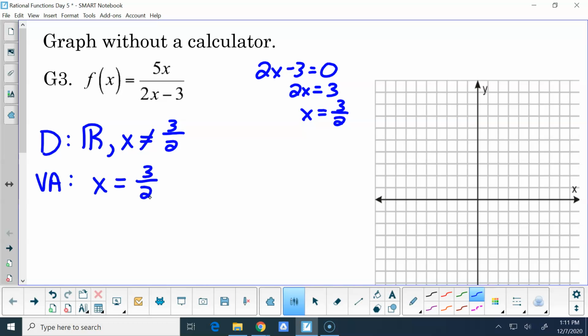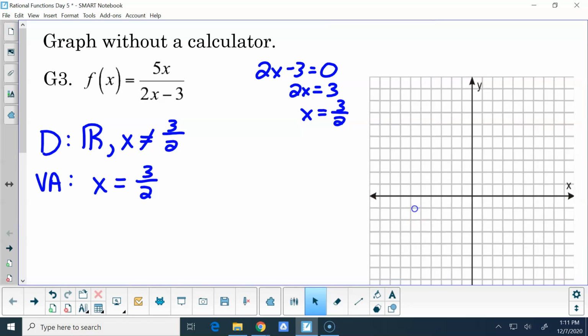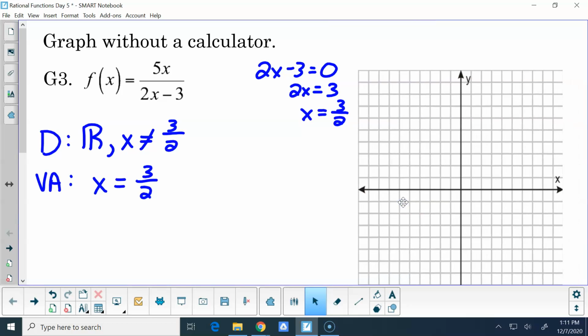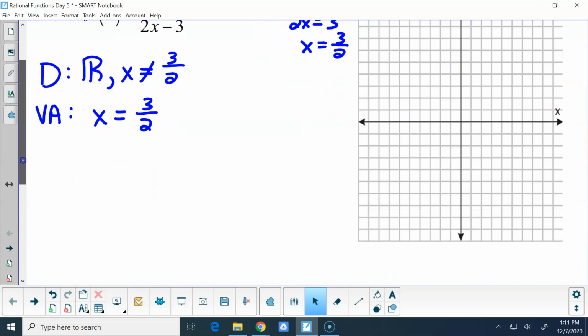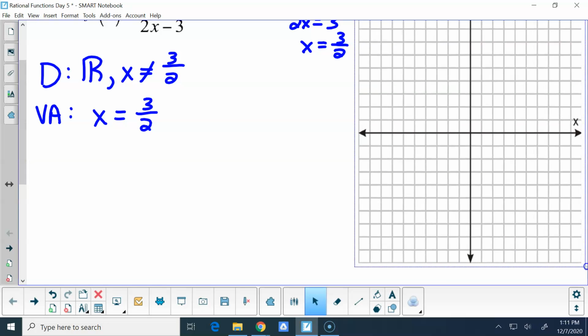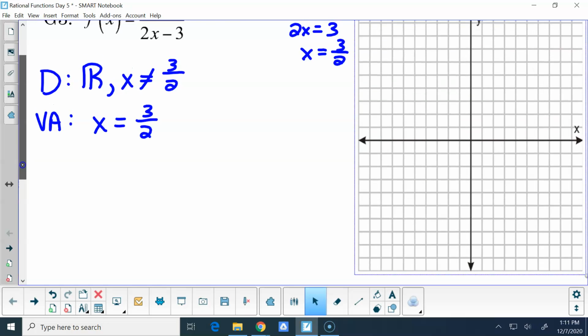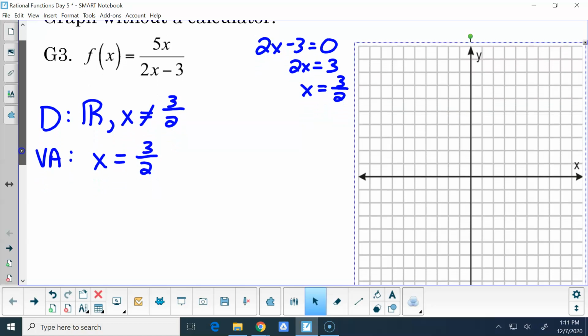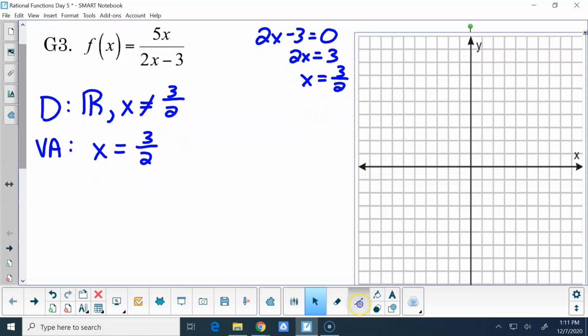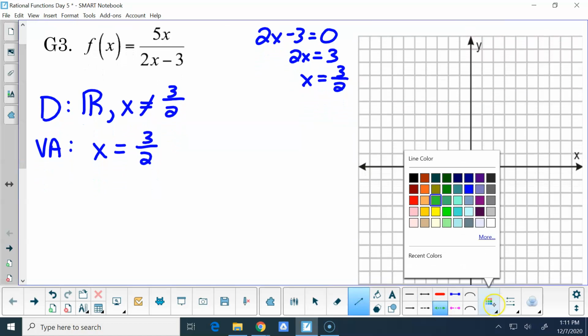How do I draw it on my graph? How would I draw a vertical asymptote on my graph? That's a dashed line, yep, and it's going to be vertical, so up and down, correct?